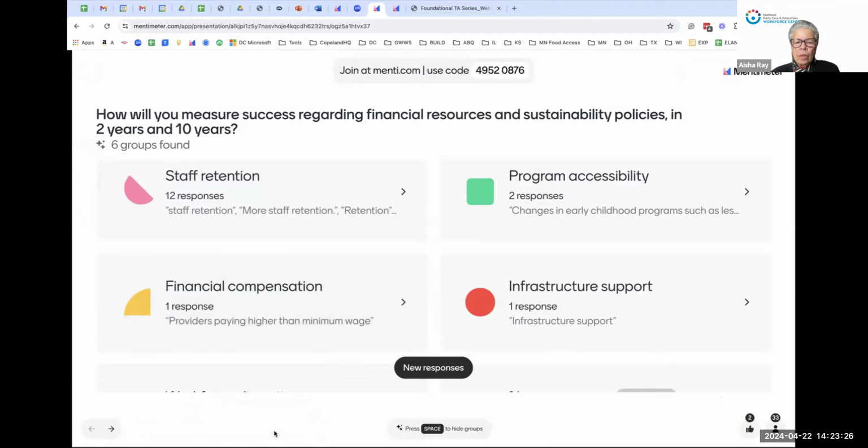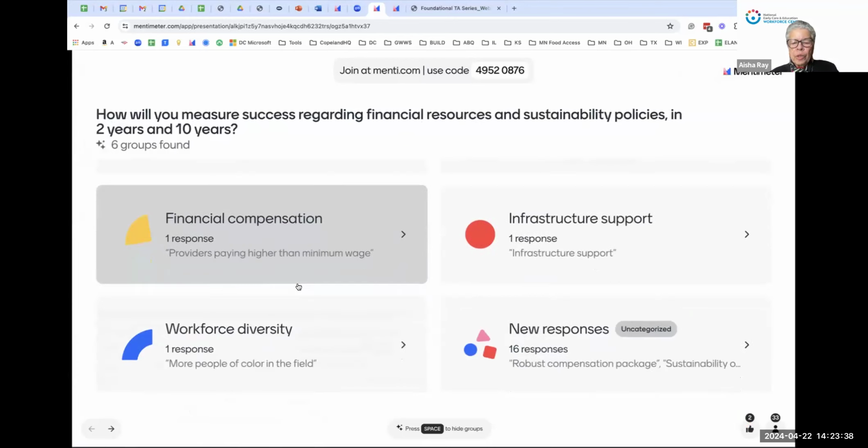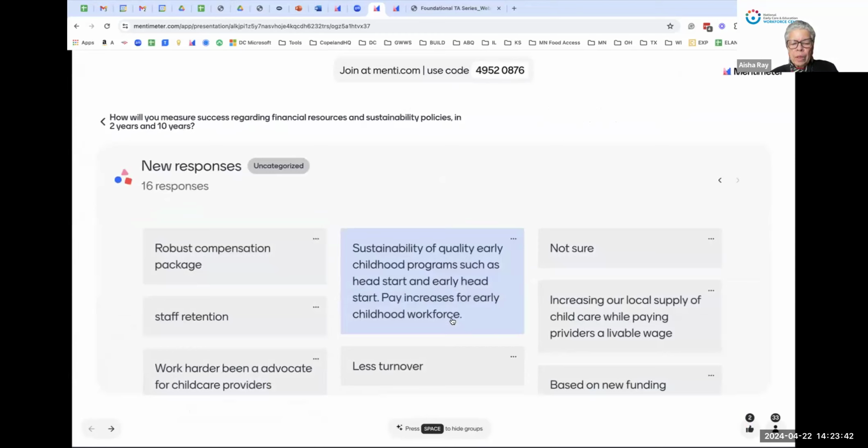Yes, 2 and 10. Okay, good. 12 responses on retention, program accessibility, 2 responses, financial compensation, 1, and infrastructure support, 1, workforce diversity, 1 response, more people of color, staff retention, robust compensation. These are right in the ballpark.